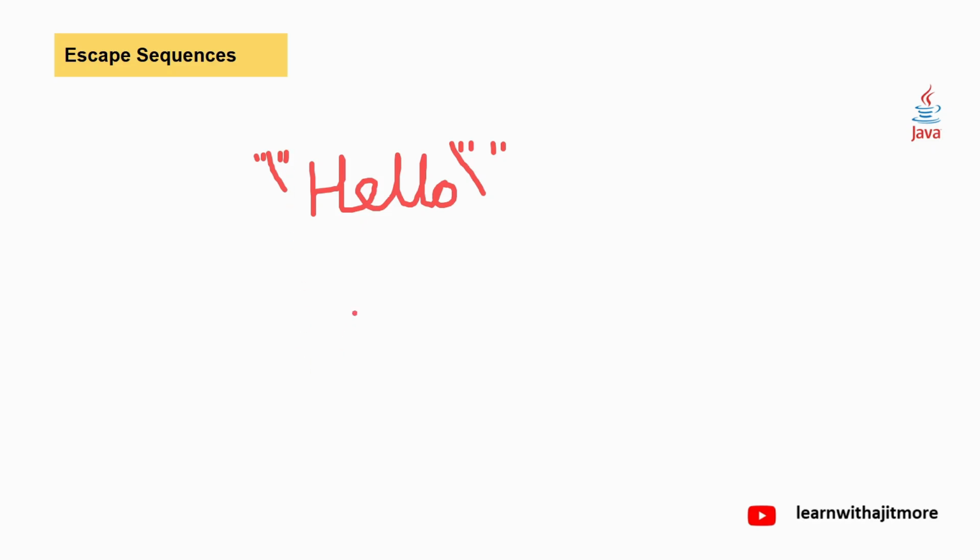Right or no? Clear? Same way, suppose I have a character variable, and in that I want to store a single quote only, because a single quote is also a character, no? It will also have a Unicode. So can I store single quote, single quote, single quote? It won't work. Getting? Because the first single quote is the start of a character literal, the second single quote is the end of a character literal, and the third one remains incomplete.